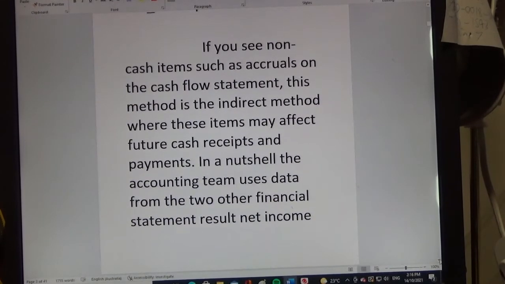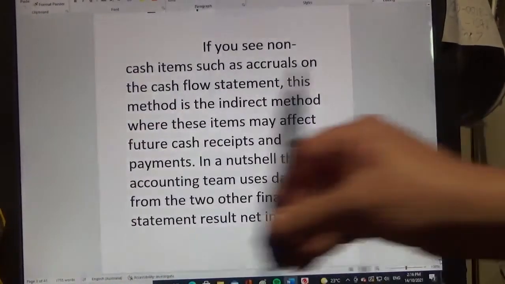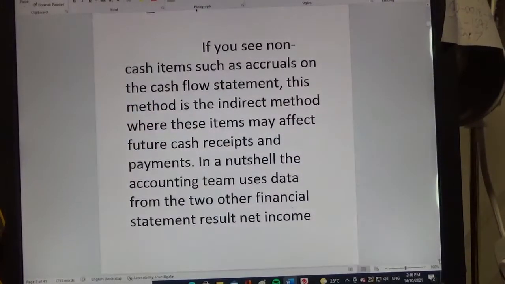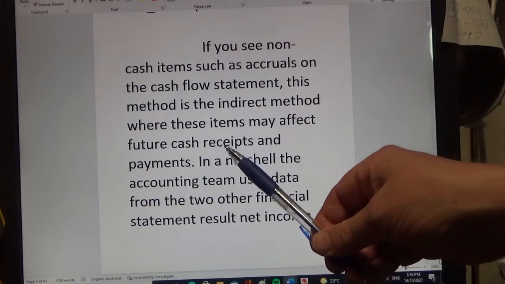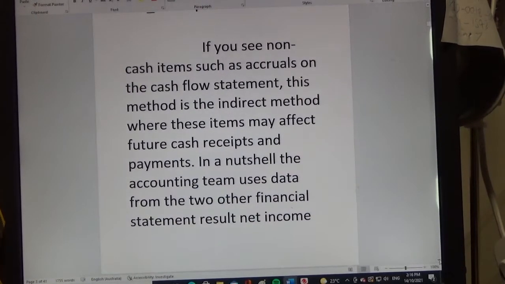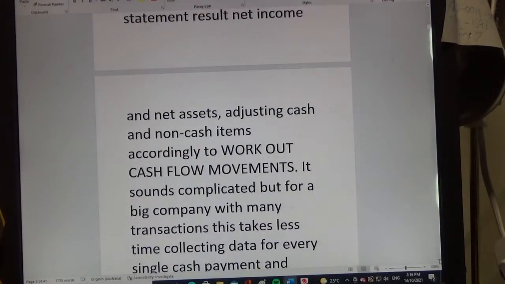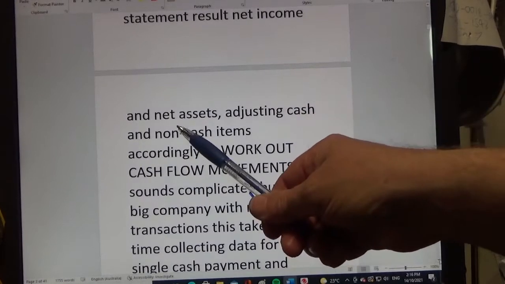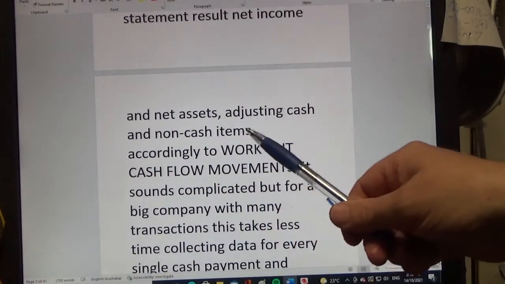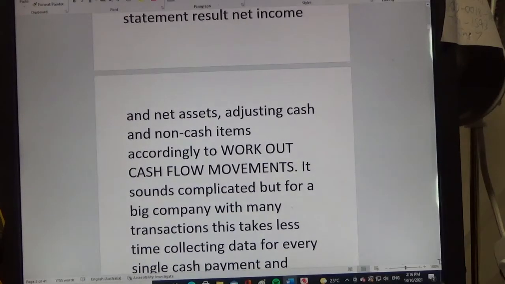The indirect method uses accruals, like transactions over two periods, one month to the other, as an example. Accruals might affect future cash receipts and future cash payments, and they use net income figures and net asset figures from the other financial statements to adjust cash and non-cash items and work out cash flow movements from the financial statement.